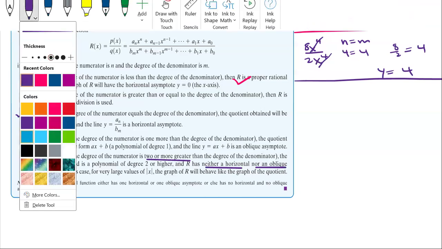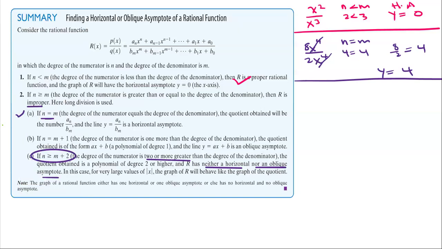Okay? All right, so what does that mean? Let's say we have x raised to the sixth power divided by x to the fourth power. Notice that n is greater than or equal to m plus 2. So 6 is greater than or equal to 4 plus 2.